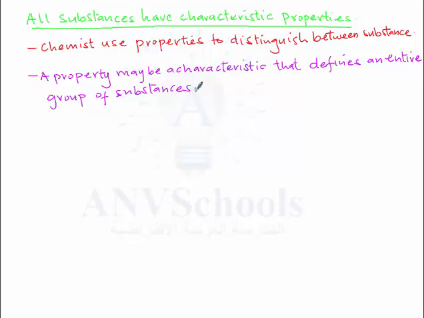So what we are saying here is, to look at the characteristics of a substance and group it as a specific substance, that is what we mean when we are looking at property here. You must be able to look at the characteristic that defines a specific group. So that will give you what a property is.